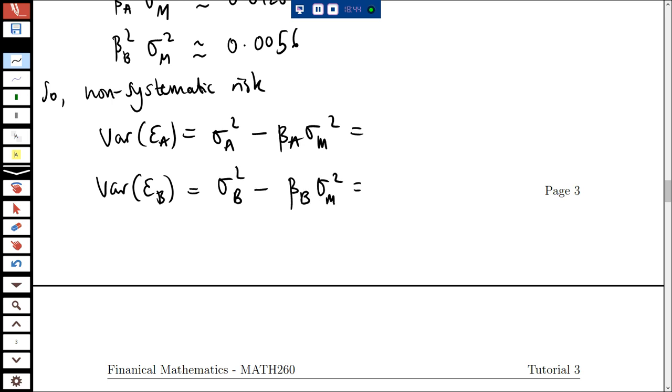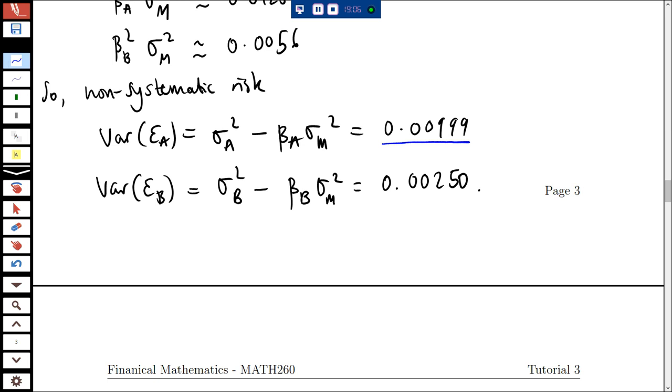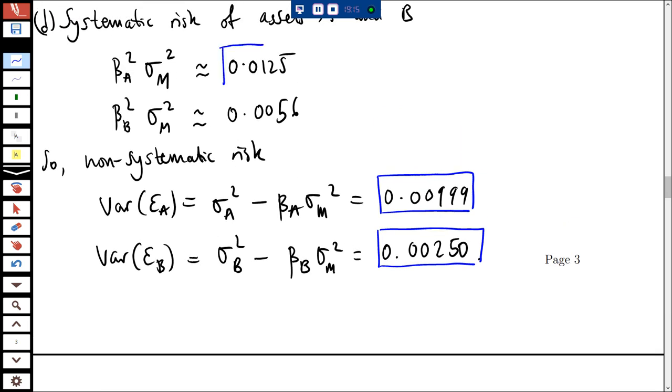After the number crunching, you should get, for asset A, the non-systematic risk is 0.00999, and for asset B, 0.00250, and we're there. Okay, let's do better than the underline. Let's box them. Okay, so these are all the measures of the risk. And there you go, that was quite a bit of work. That's the complete answer to this question.